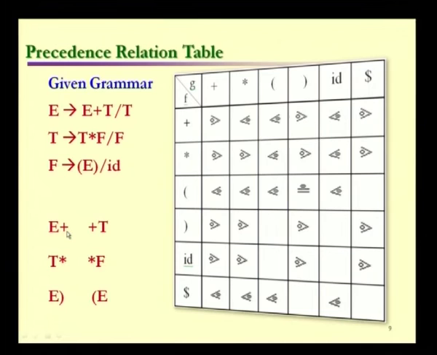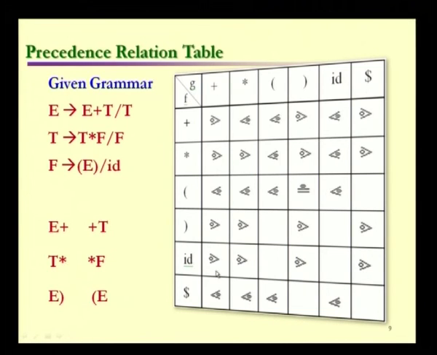Trailing of E is plus, closing bracket, star and even ID. So, plus is greater than plus, star is greater than plus, closing bracket is greater than plus, and even ID is also going to be greater than plus. So, that is what we are getting.